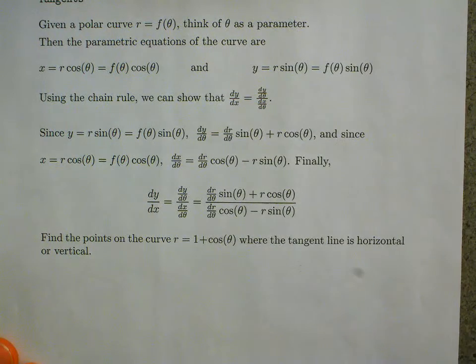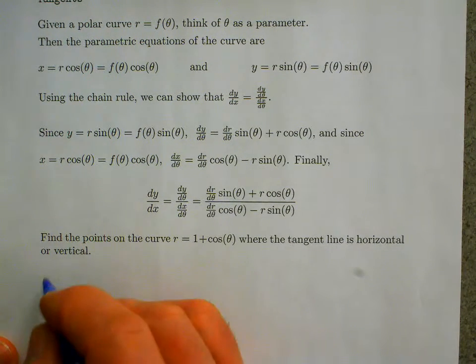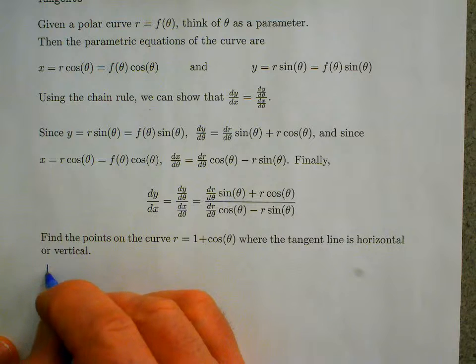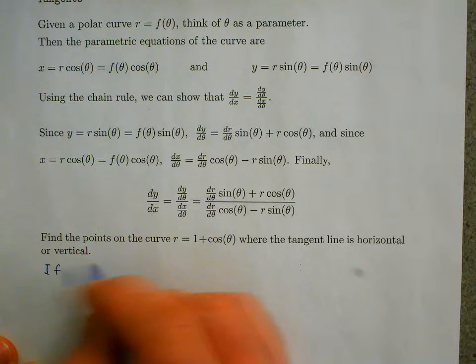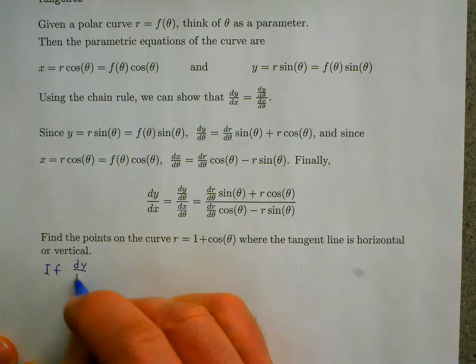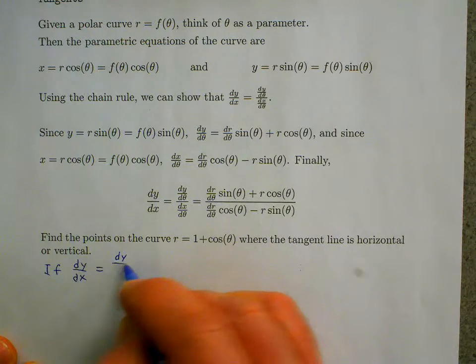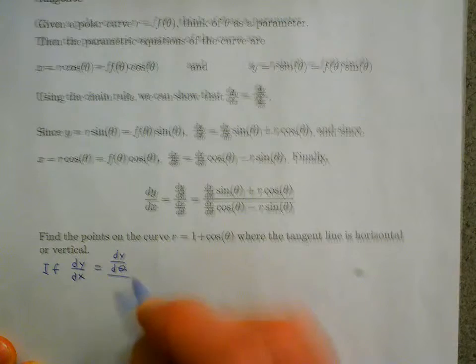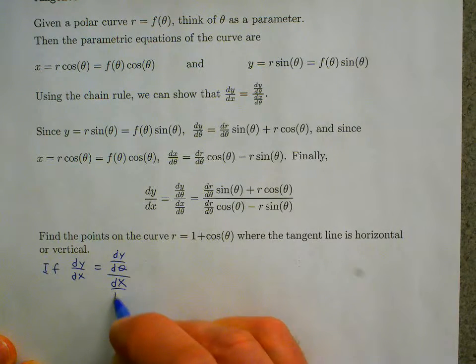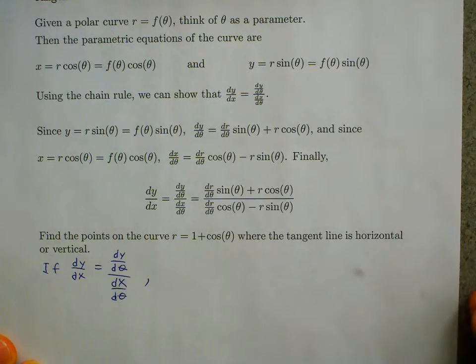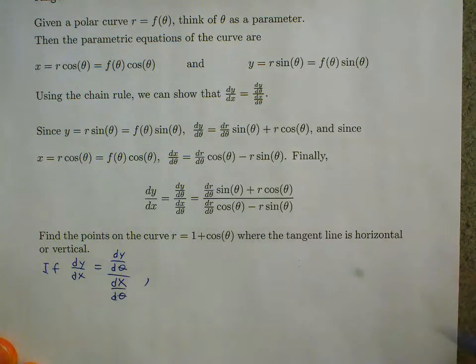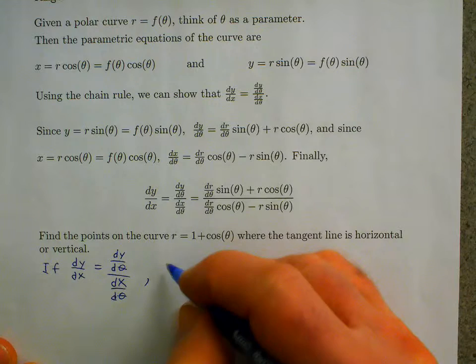Just in general, if dy dx is dy d theta divided by dx d theta, horizontal tangent lines will occur when?